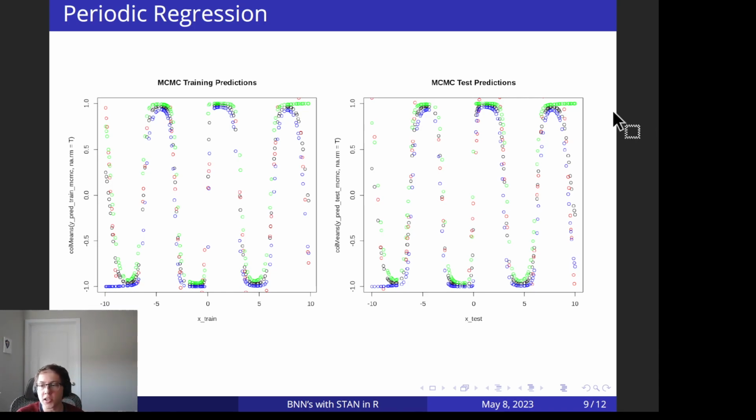We also see some interesting edge effects: at the edge of our interval, the green and the blue really pick up the minimum and maximum of the sine function, which is an interesting observation.